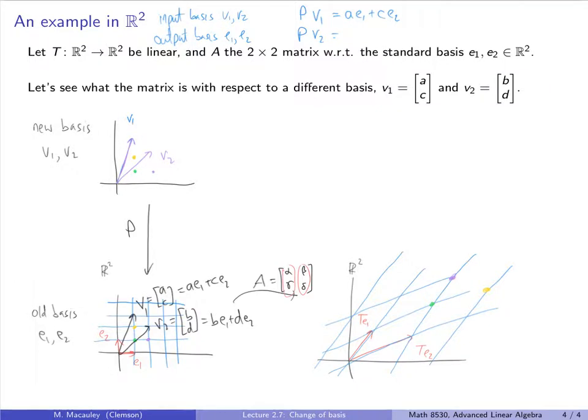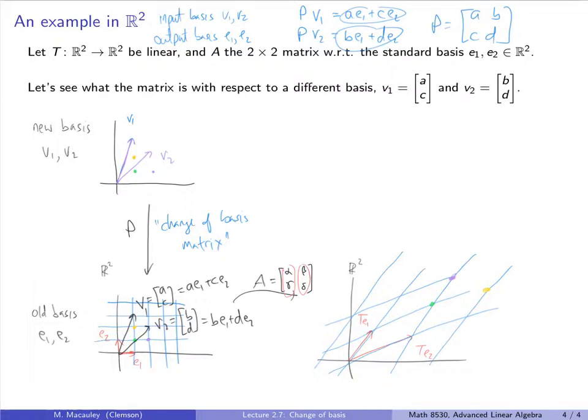This P is called a change of basis matrix. It really is the identity map, but it changes what the basis is. And remember how we construct it: these are the columns of the matrix. So P equals A, B, C, D. Again, it's the identity map, but it changes basis.